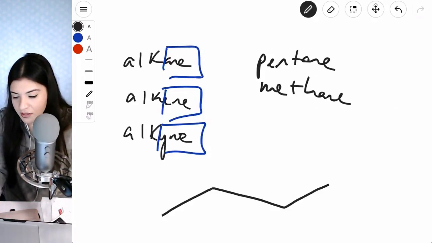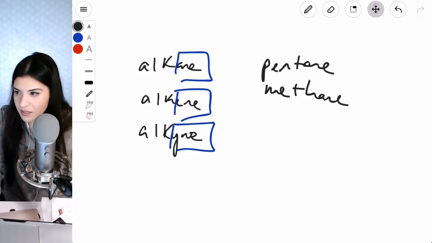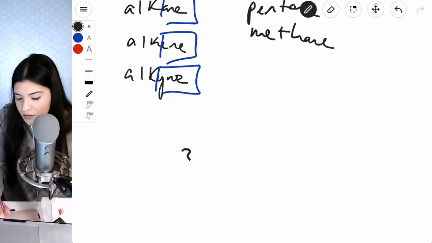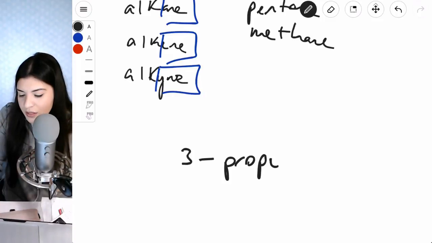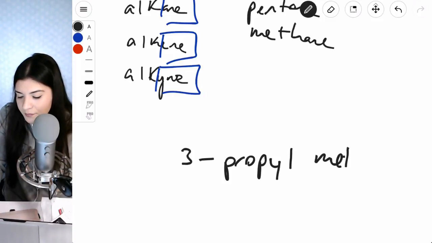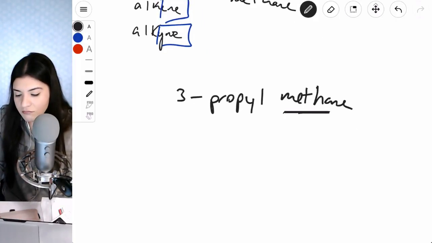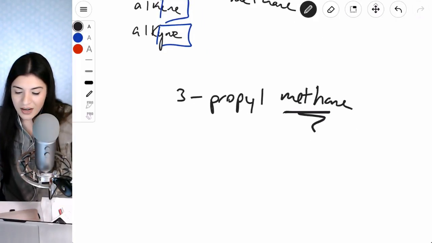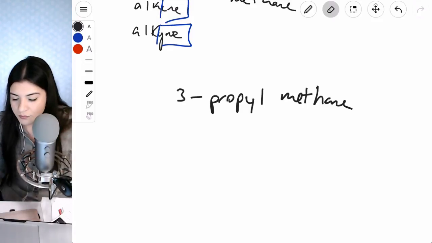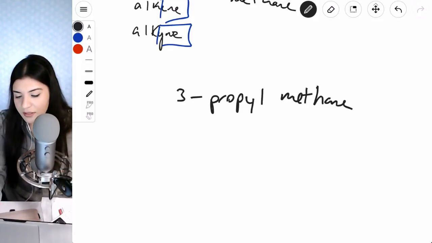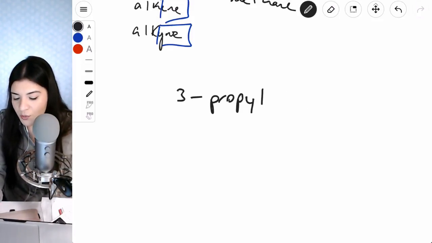Let's say I were to have done that question you stated. So 3 propyl, and it should have been methane. Then I would have drawn methane, but actually that wouldn't have worked. I'll tell you why.